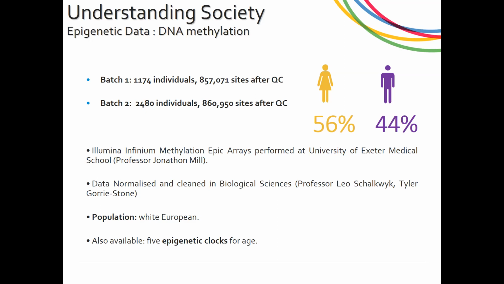We use the Illumina Infinium MethylationEPIC arrays, performed by Professor John Mill in Exeter, and the data was normalized and cleaned in the biological sciences department at the University of Essex. Again, the population is white European.